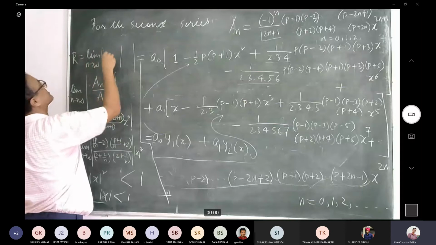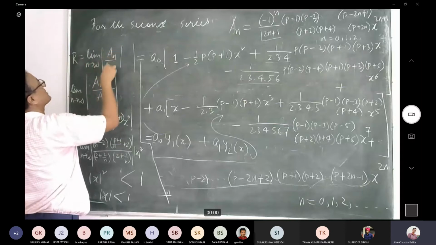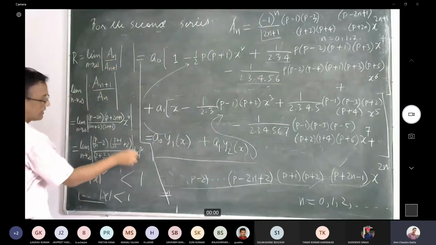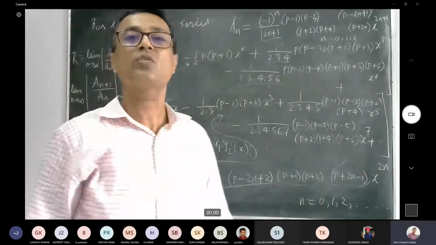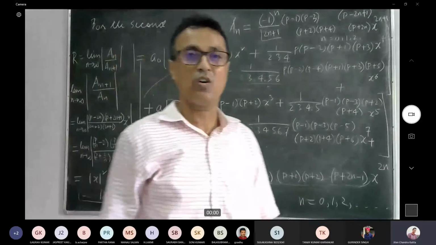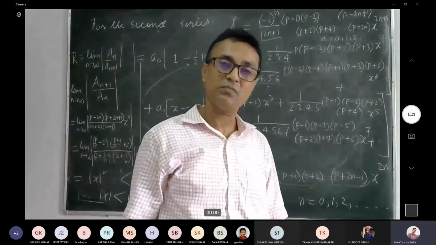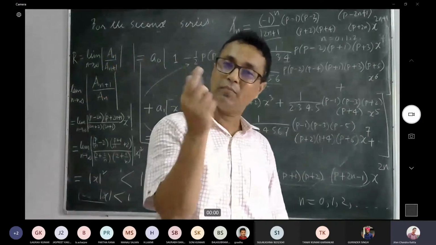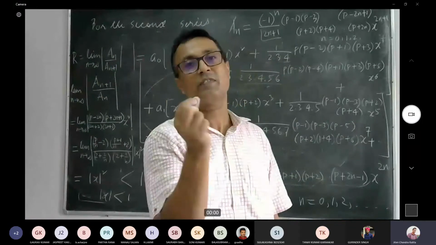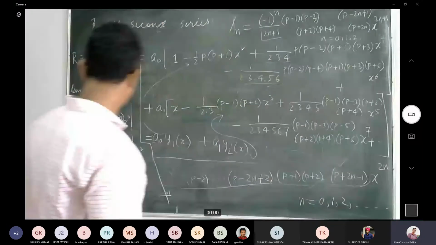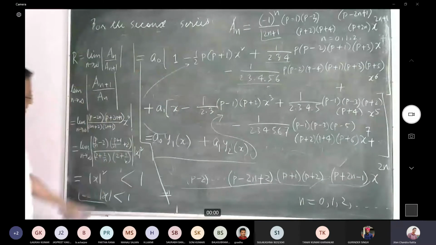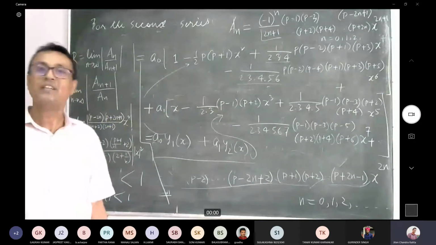But this is to show that you don't always end up with mod of x. Even then it is going to work, because here the successive terms are coming at a difference of that exponent 2. Okay, so I have found out that the radius of convergence is 1 here.